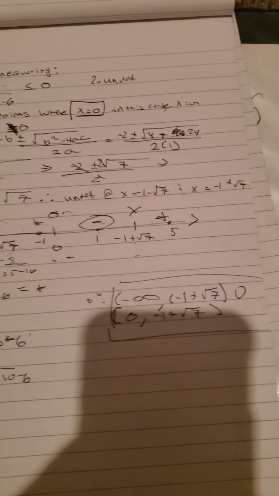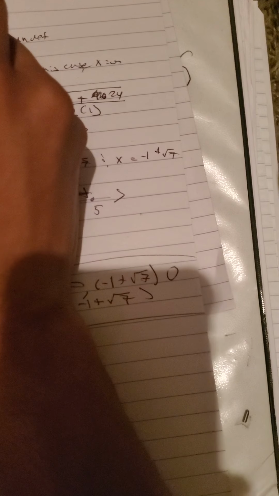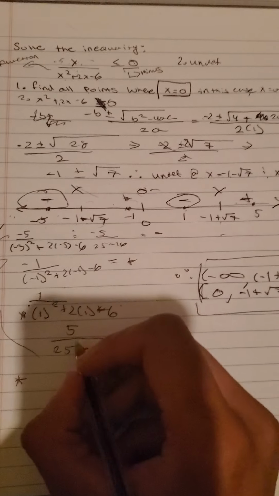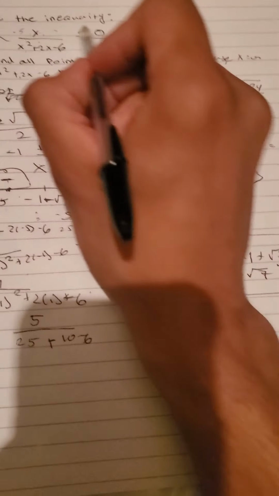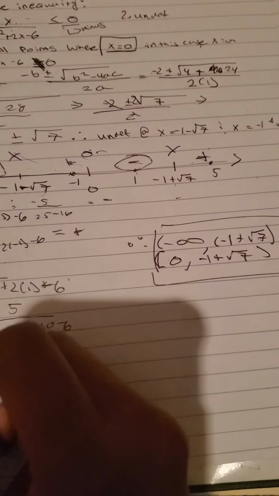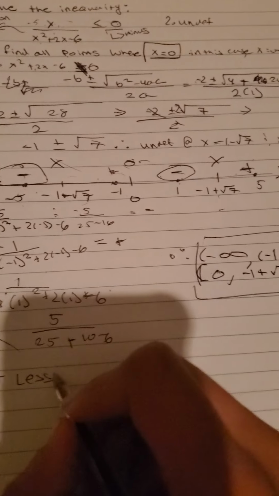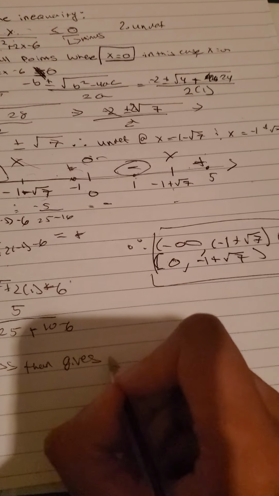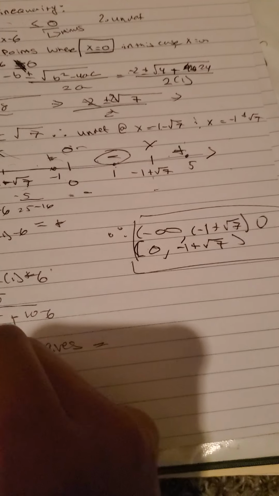Now we're going to combine all the points that are less than or equal to 0, so the minus signs. Note, this sign, less than, gives minus.